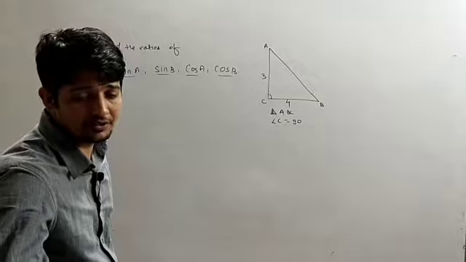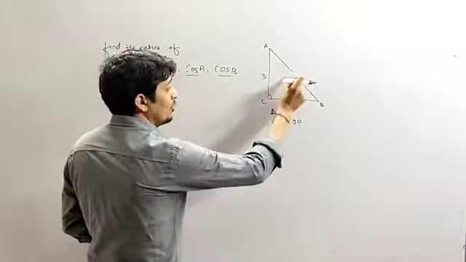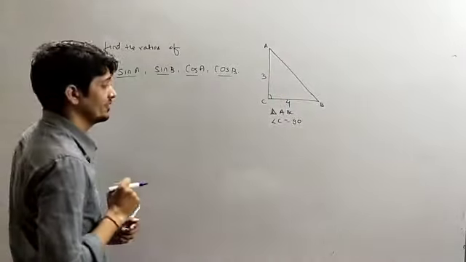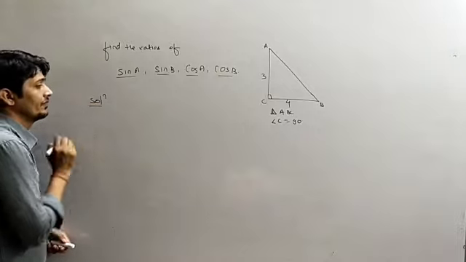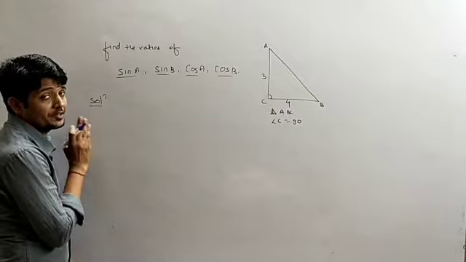So we have to first calculate the value of AB, which is the hypotenuse. Solution: by applying the Pythagoras theorem, we have to write the information first.